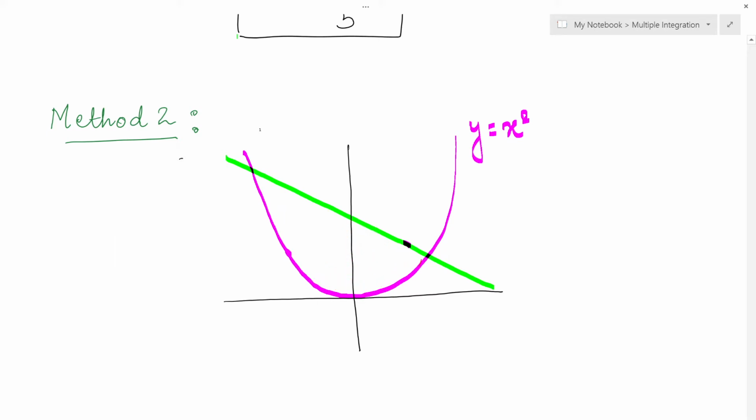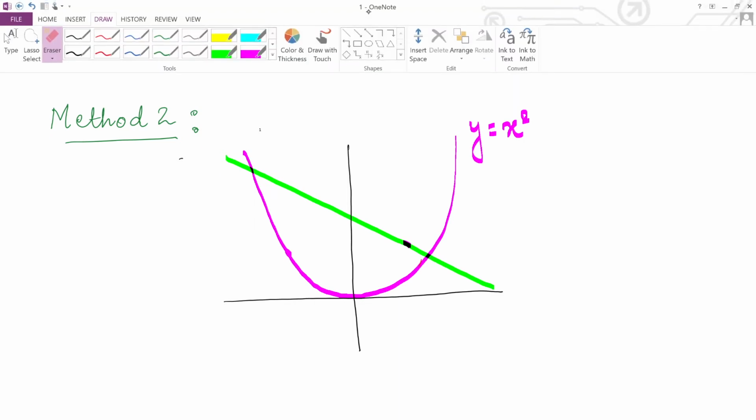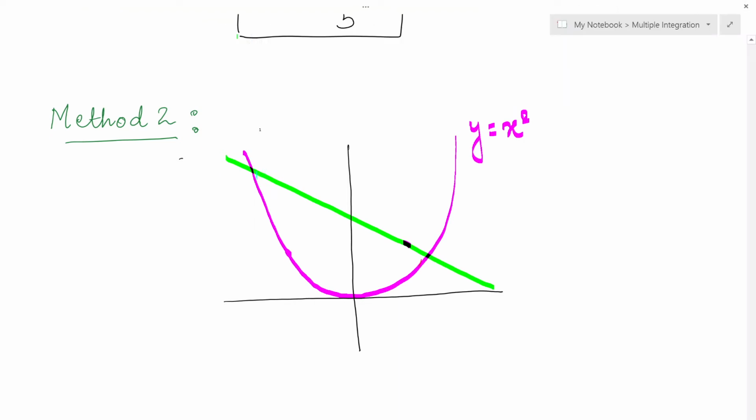So we need to divide this into two regions. Let me shade these two regions by two different colors so you will understand what the two different regions are. Right? So this will be one region. And now the other region that I need to take is this.